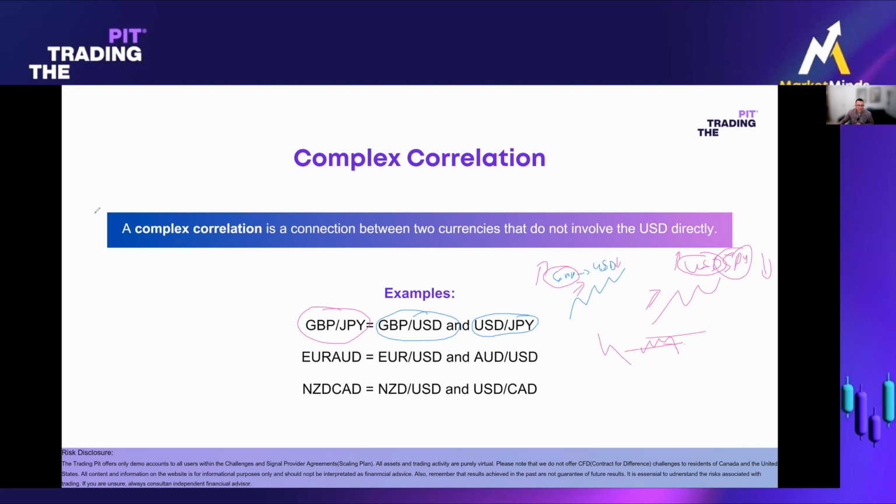Okay, and you see a shooting star reversal, or a bearish engulfing, something at this point here, and you want to short, you want to sell the pound against the JPY.